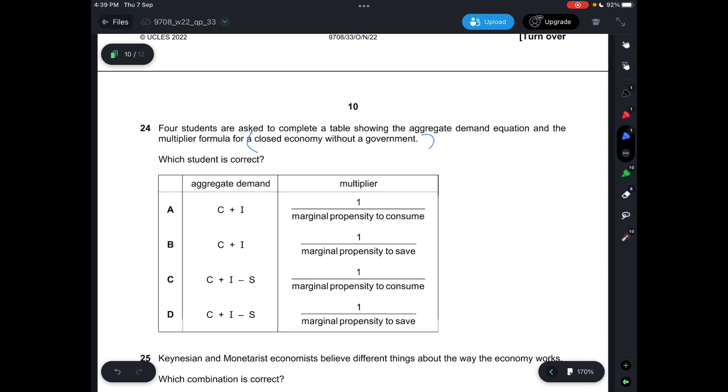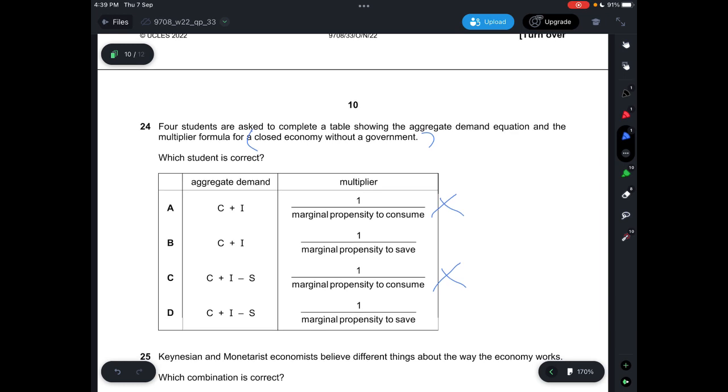So in this case, A is wrong and C is right. Consumption plus investment minus savings is not correct. Aggregate demand is basically there's only four components: C, I, G, and X minus M. So the answer is B.